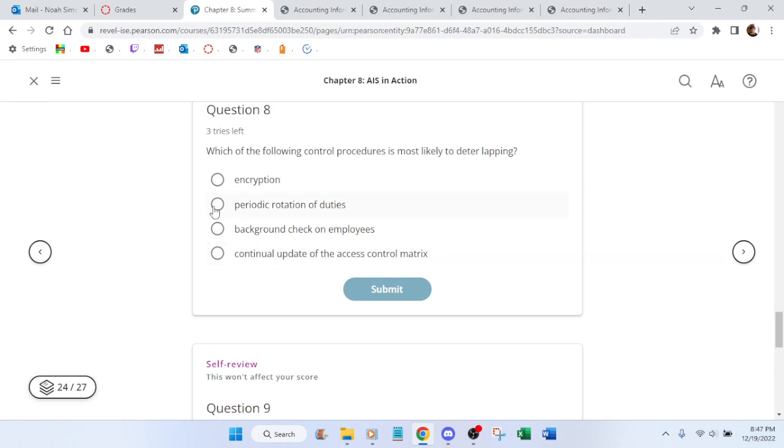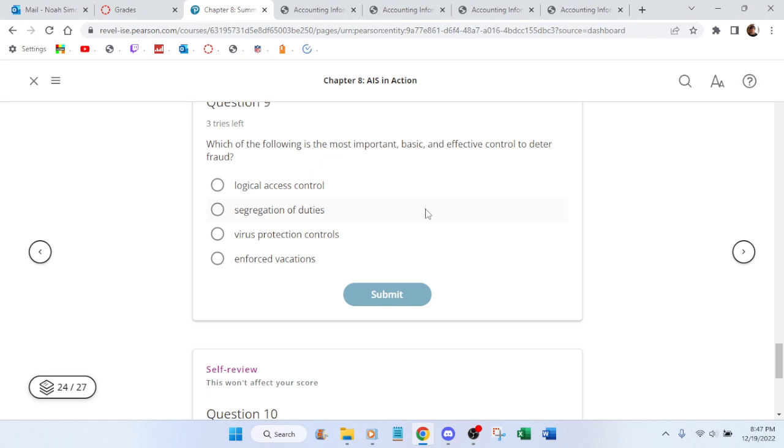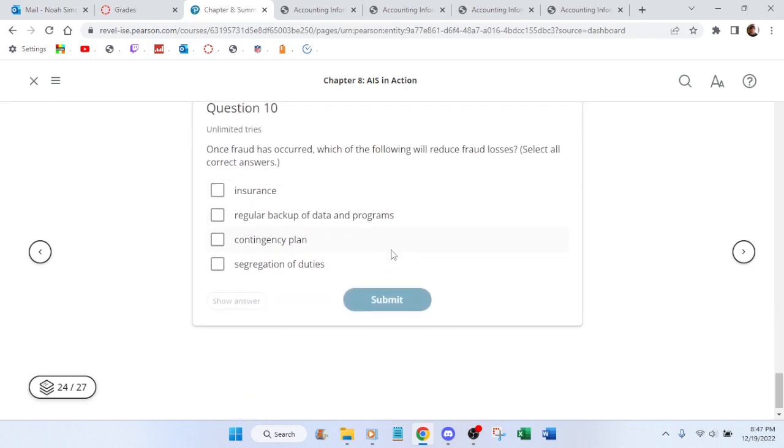Periodic rotation of duties. Which of the following is the most important basic and effective control to deter fraud? Once fraud has occurred, which of the following would reduce fraud losses?